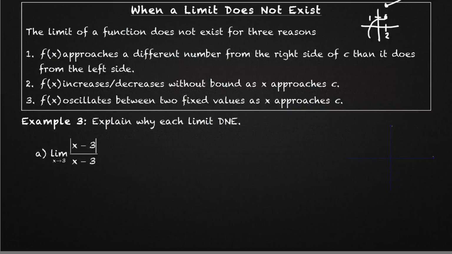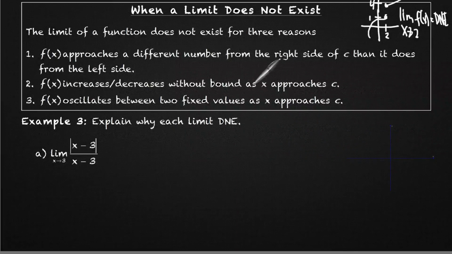But as you approach 2 from the right, the y value is approaching, let's say 4. Because the limit from the right does not equal the limit from the left, therefore you will say the limit as x approaches 2 of f of x does not exist. So that's the first reason.